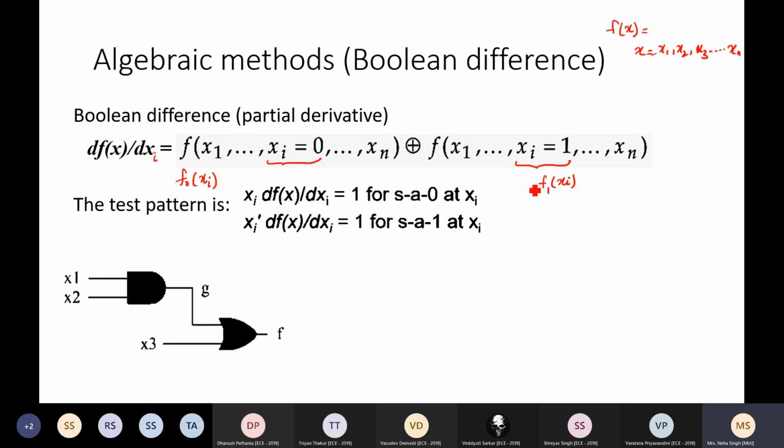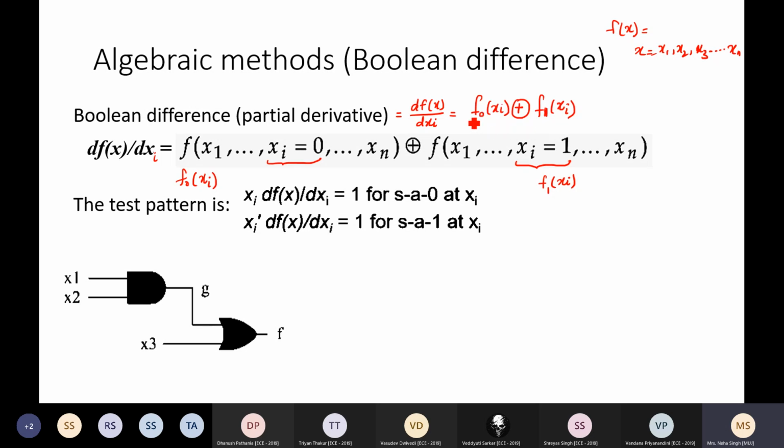If I take XOR of these two terms, this is referred to as the Boolean difference or the partial derivative with respect to xi. So df(x) over dxi is nothing but f0(xi) XOR f1(xi). क्योंकि XOR जो है वो कब ट्रू होगा, जब इन दोनों में से कोई एक फंक्शन ट्रू होगा.